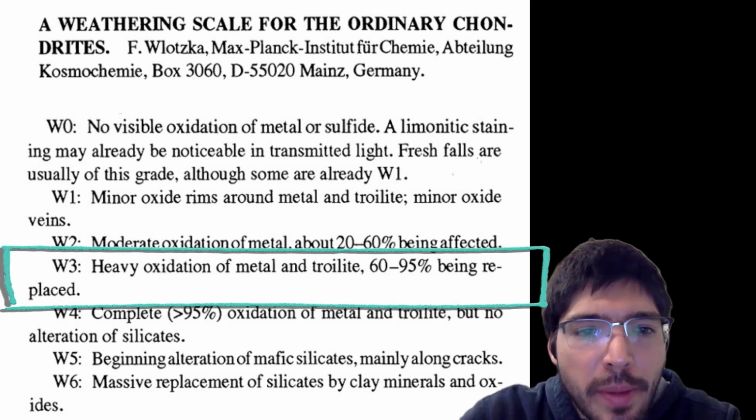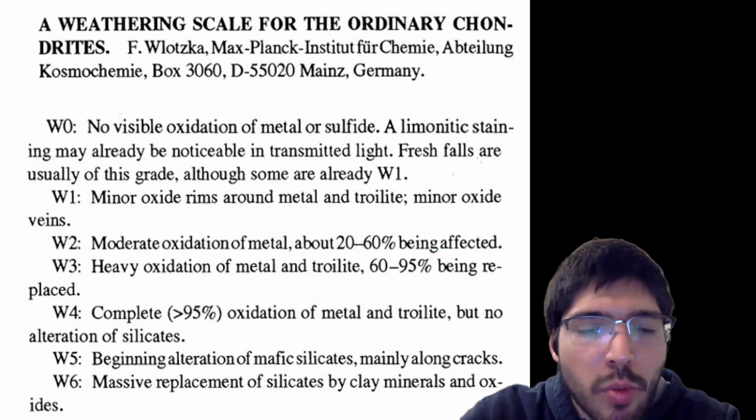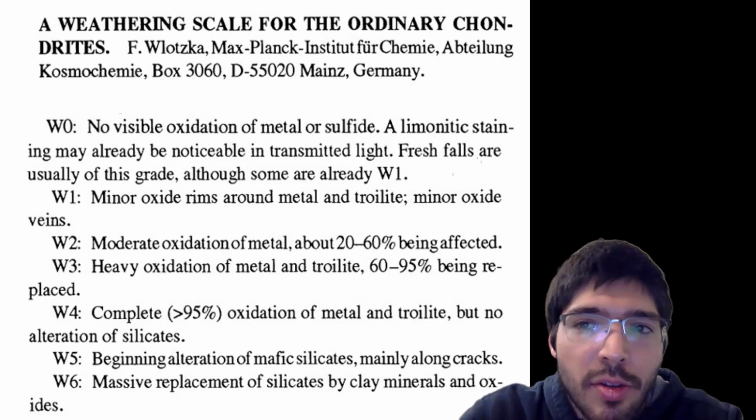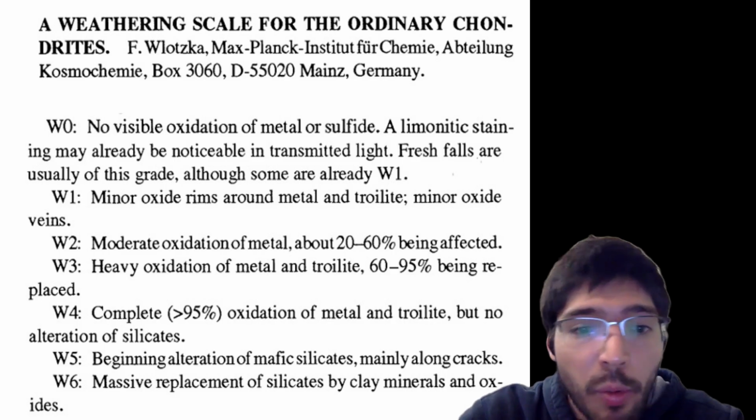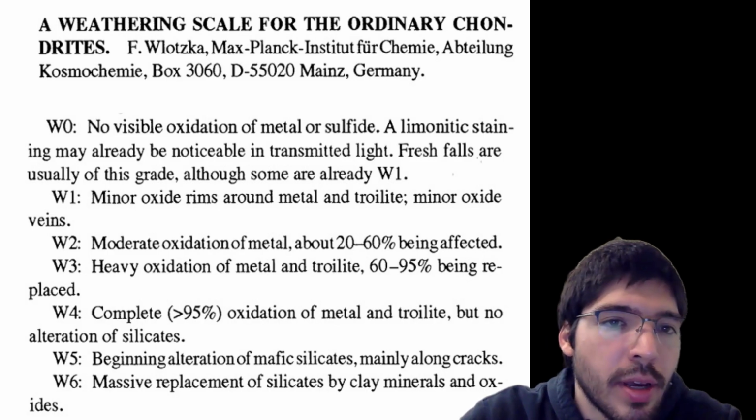It was somewhere in the middle. Normally your weathering grade is plus or minus 1, because different parts of your sample might be weathered to different extents, as you showed Topher in your photo, that some parts are more weathered than others. So you might be more of a W3 when you're looking at one thin section, and maybe another one's like a 2. But overall, it's moderately weathered, your sample.